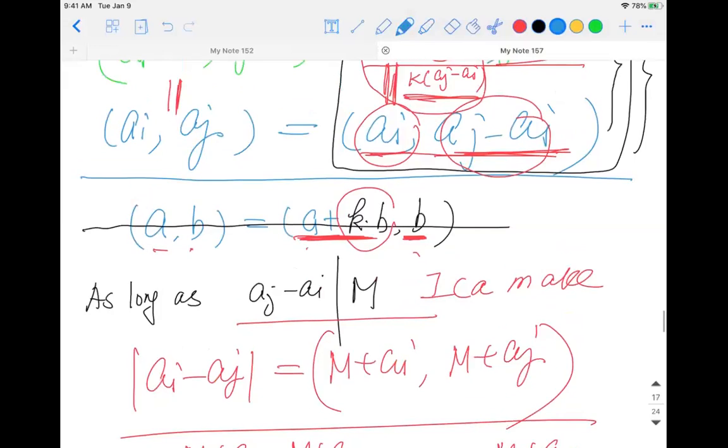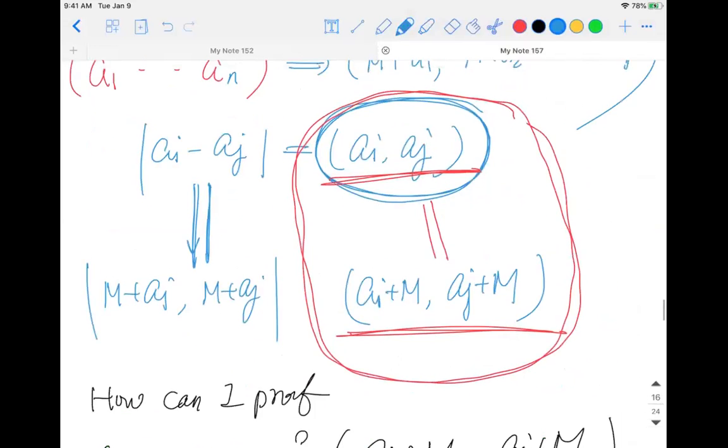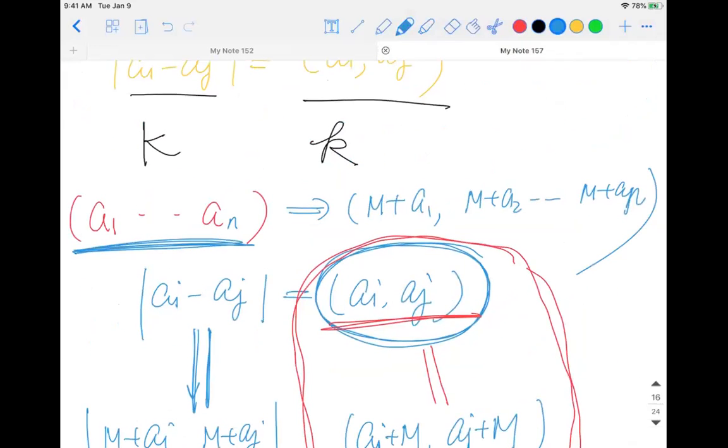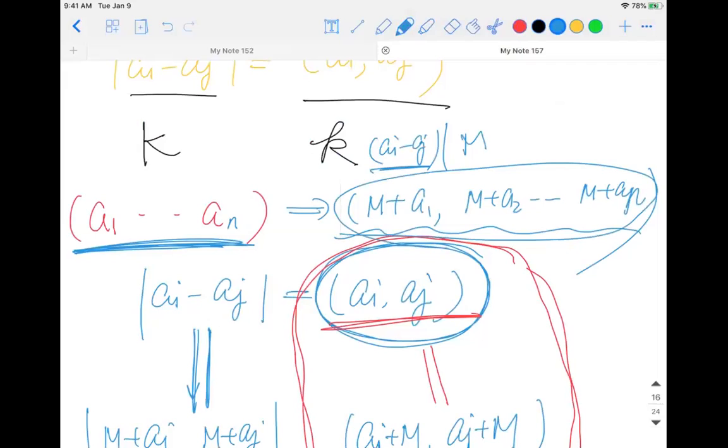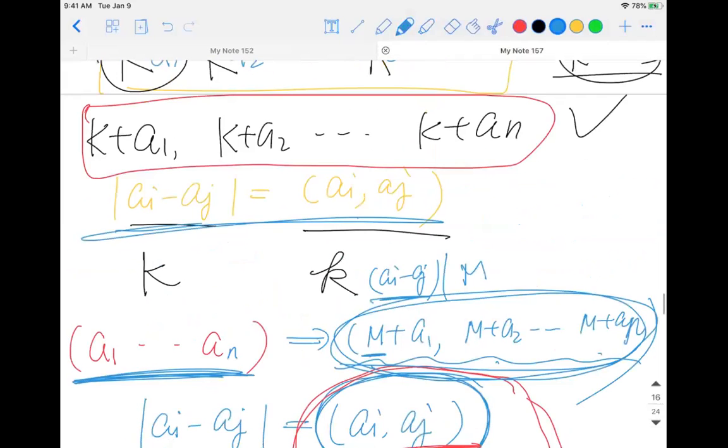We just proved that as long as you have n numbers, I take m equal to a multiple of AI minus AJ, I will be able to find another number plus m. Then we'll make sure this number will exactly fit the condition. Is that right? You guys follow me? This is what we proved before.